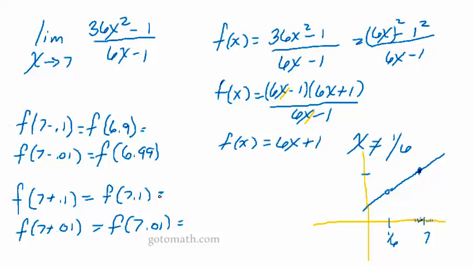So as you can see here, we're getting closer and closer coming in from the right hand side, and seeing what our y value is getting closer to. Now this guy is going to converge towards a number, and so is this one, and if both of these numbers are the same, then we can say that this limit exists and it's equal to whatever that number is.